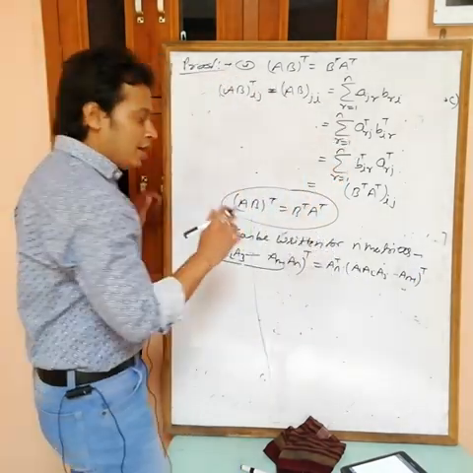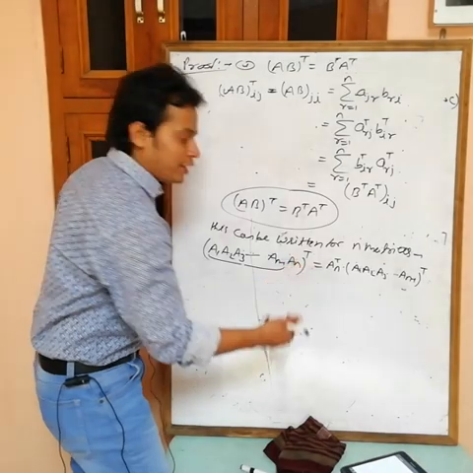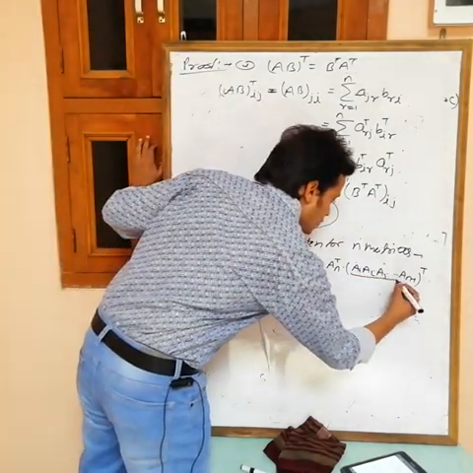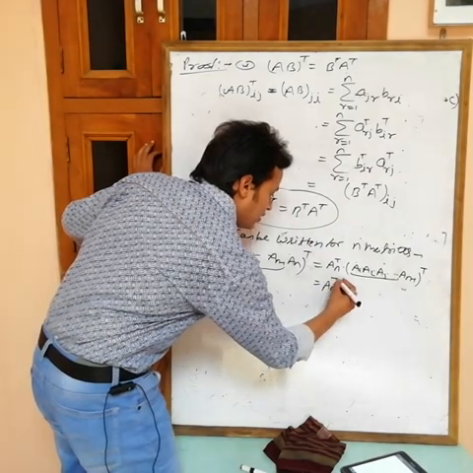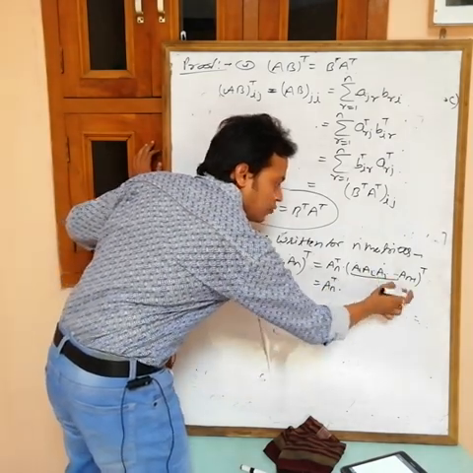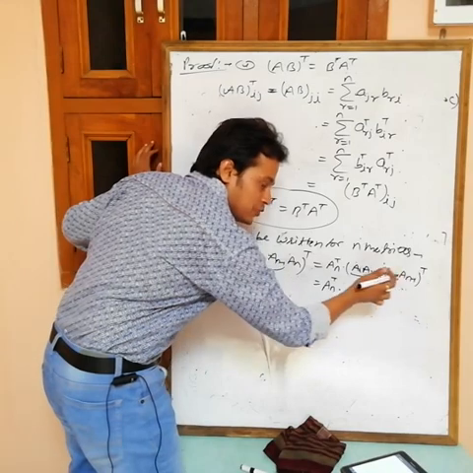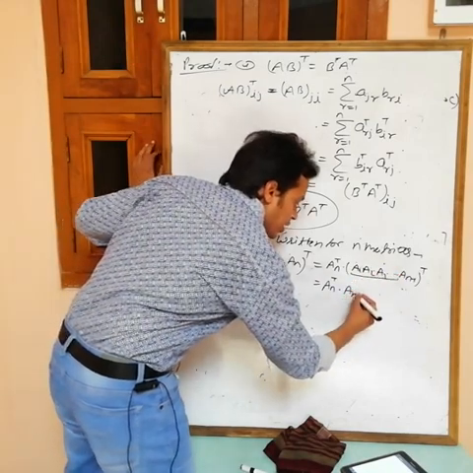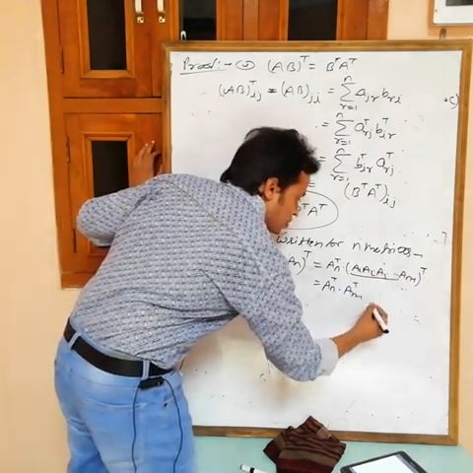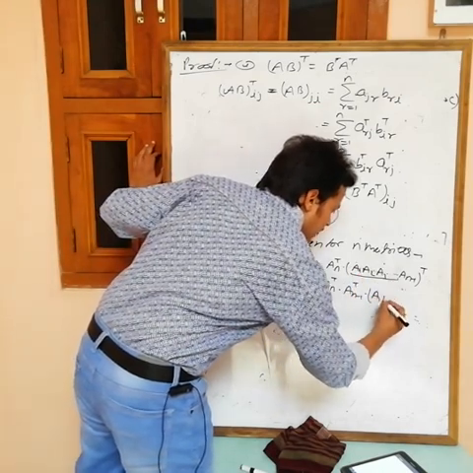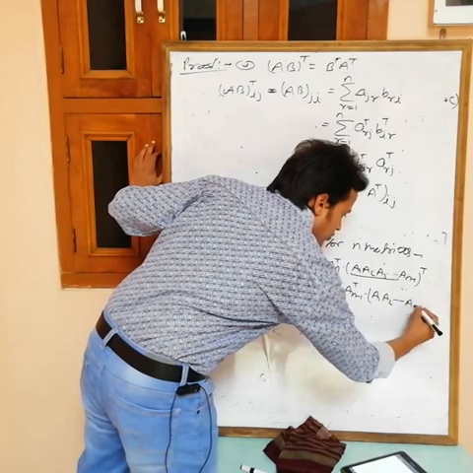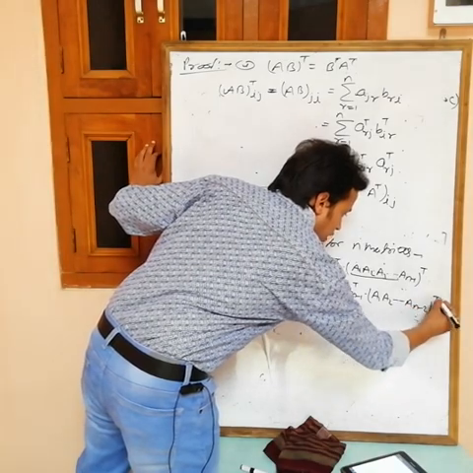Again, you can use (A into B) transpose for this one by assuming this part as A and this one as B. Then what you will get? You will get An transpose into An minus 1 transpose into (A1 into A2 into An minus 2) transpose.